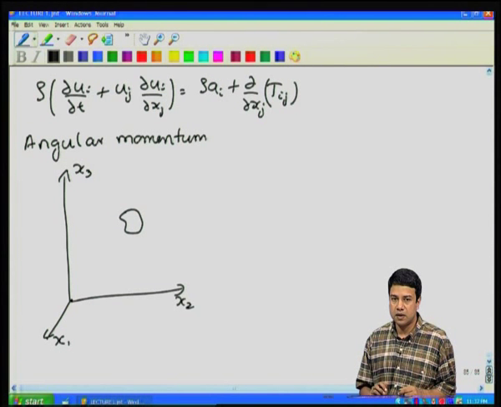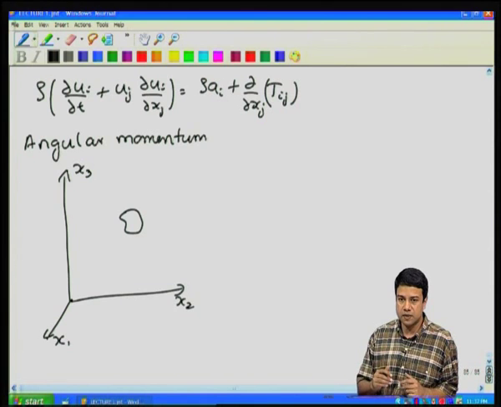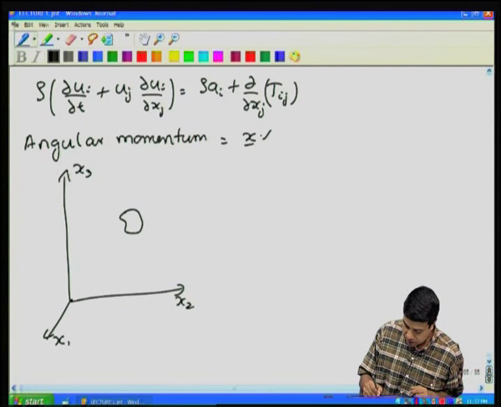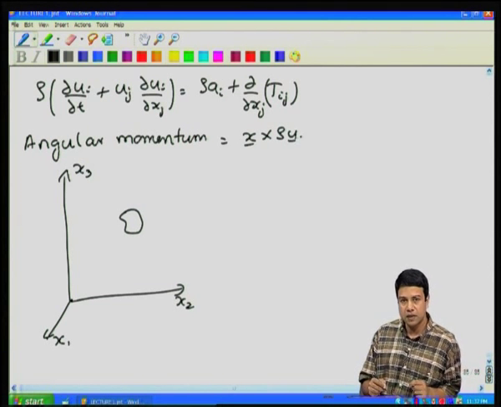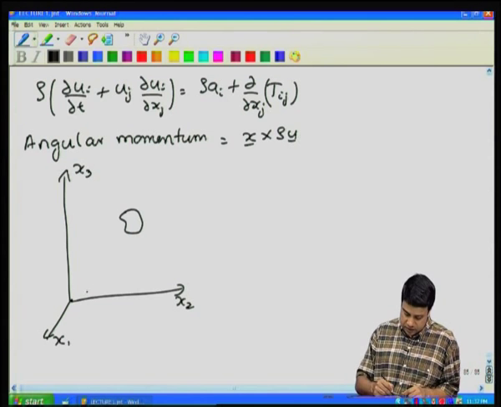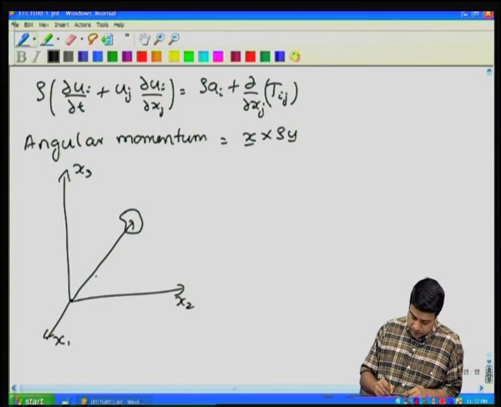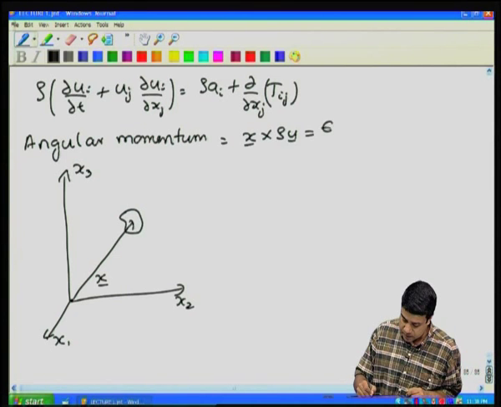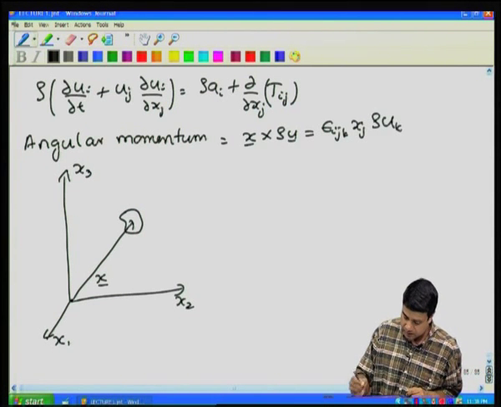And then I would define angular momentum as the vector displacement from the origin crossed with ρu, equal to x cross ρu, where x is the displacement vector from the origin. In indicial notation, I can write this as ε_ijk x_j ρ u_k.